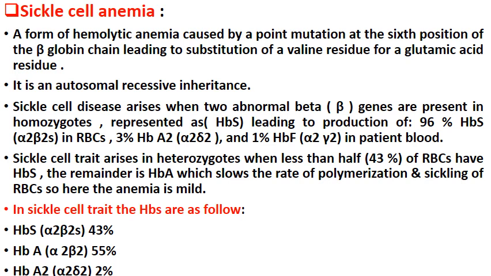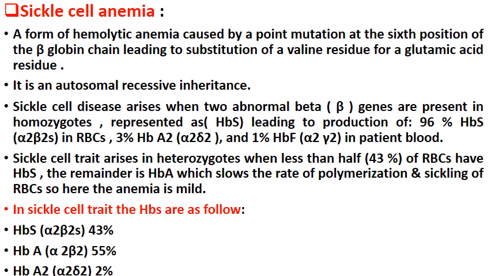S means there is substitution of valine residue for glutamic acid in this beta chain in RBCs. So 96% of the hemoglobin is hemoglobin S, and the remaining is hemoglobin A2 about 3% and hemoglobin F about 1% in the patient's blood.